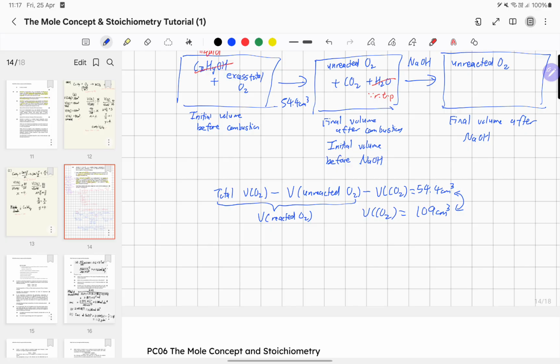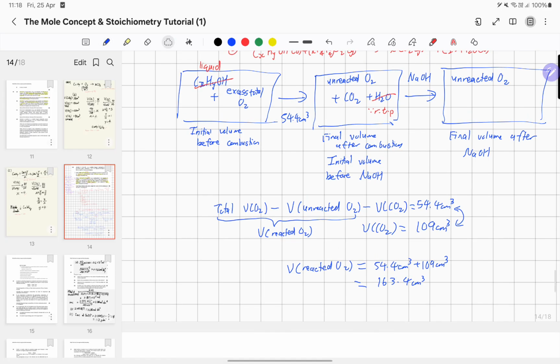So if I were to form another equation, it would be V reactor O2 equals 54.4 cm3 plus 109 cm3. And this gives you 163.4 cm3. Okay.